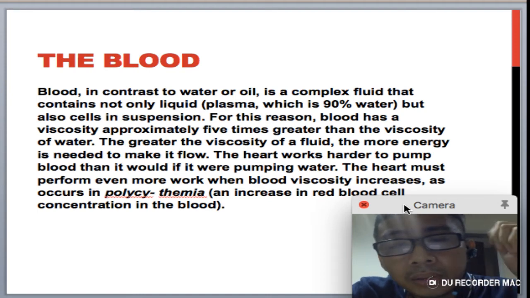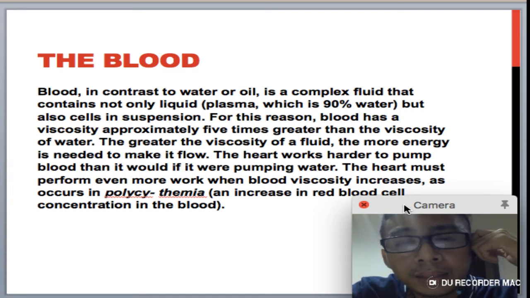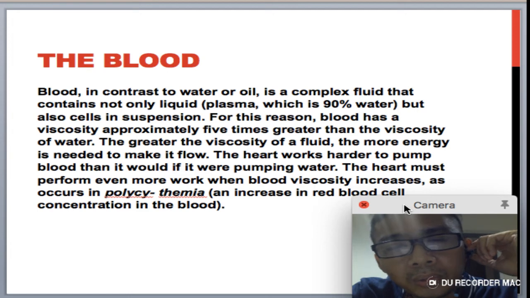For this reason, blood has a viscosity approximately 5 times greater than the viscosity of water. So blood is more viscous compared to water. The greater the viscosity of the fluid, the more energy is needed to make it flow. So the heart works harder to pump blood than it would if it were pumping water because of this viscosity. The heart must perform even more work when blood viscosity increases.